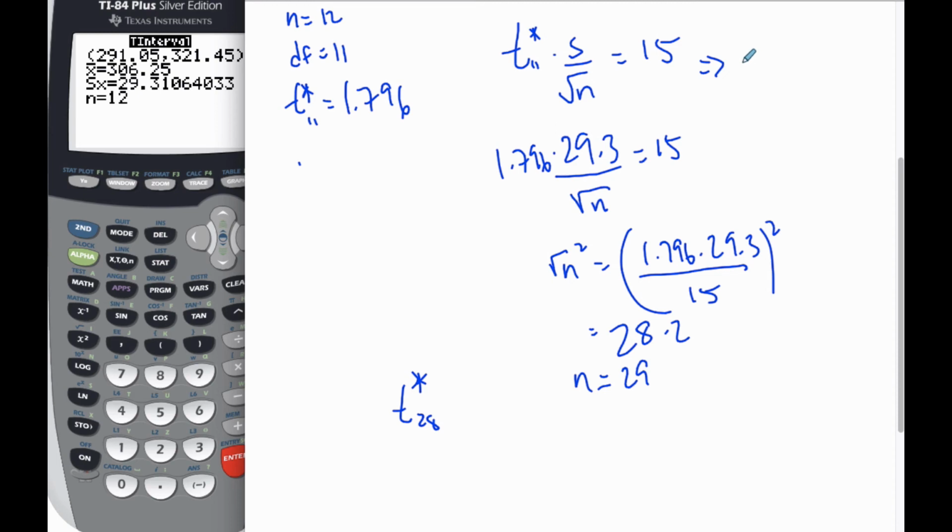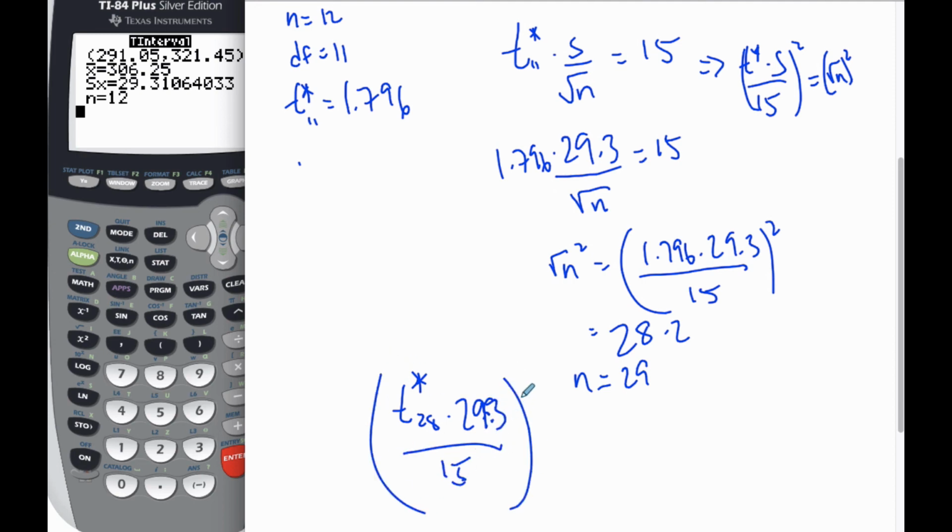So I know that t star times s over the margin of error 15 is equal to root n, and so I square both sides. And so I have t star times 229.3 over 15 squared is going to be my n.